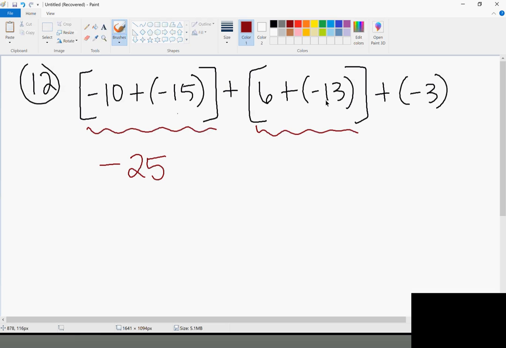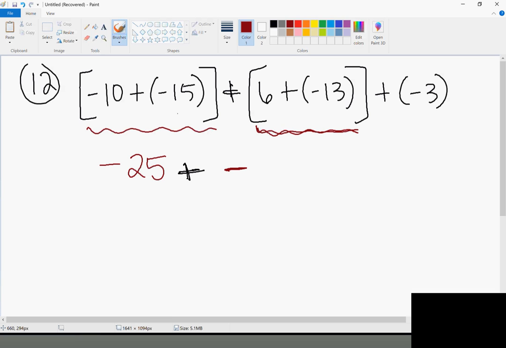So we have different signs, so we're going to take the sign of the larger number. I'm going to bring down this plus sign just so we don't forget it. So 6 plus negative 13. They're different signs. We take the sign of the larger number, which would be that 13, so the answer is going to be a negative something.